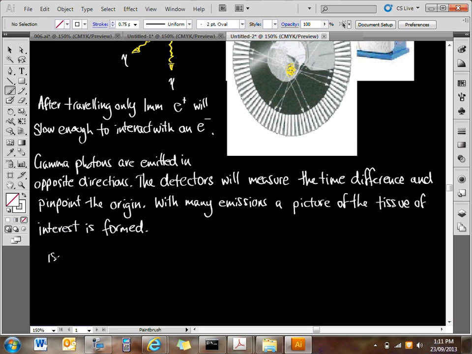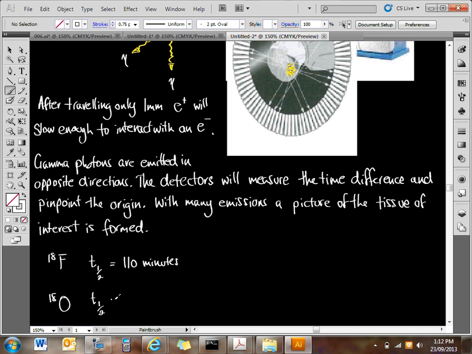Fluorine 18 has a half-life of 110 minutes. Fluorine 18, as you know, is useful for glucose metabolism.